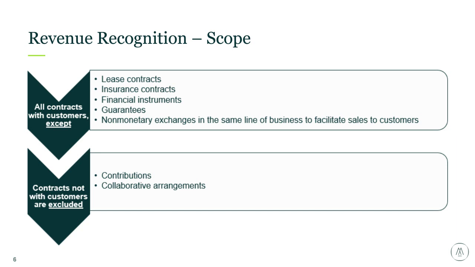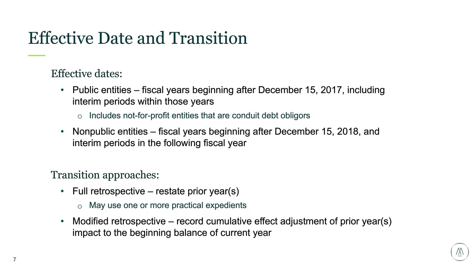So the effective date and transition here for public entities: fiscal years beginning now, essentially, after December 31st, 2018, and of course including the interim periods within those years. That's public registrants, public business entities, as well as not-for-profit entities that are conduit debt obligors.